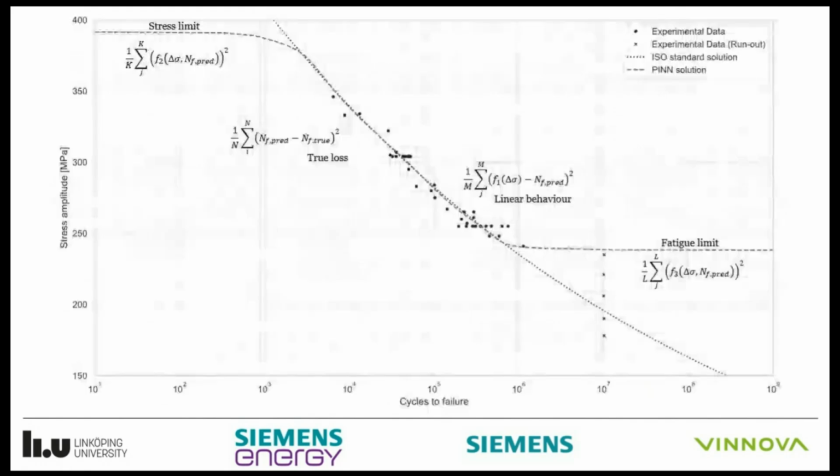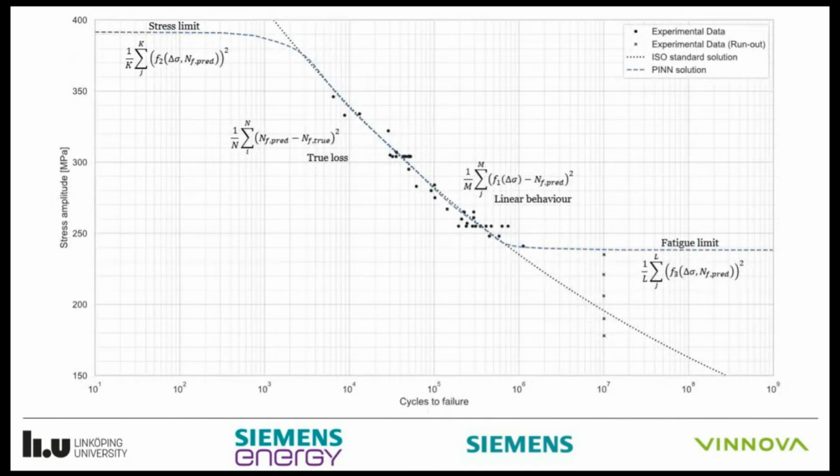For this part, we're capturing the stress limit, and for this part, we're capturing the fatigue limit. So here we have a regression function, a model that's capturing the whole behavior. And it also continues this function. So very nice to have.